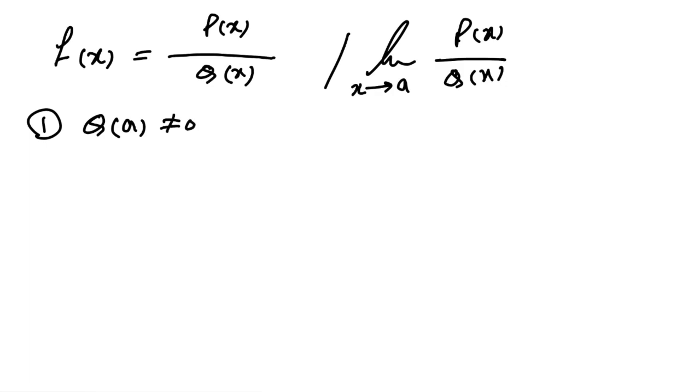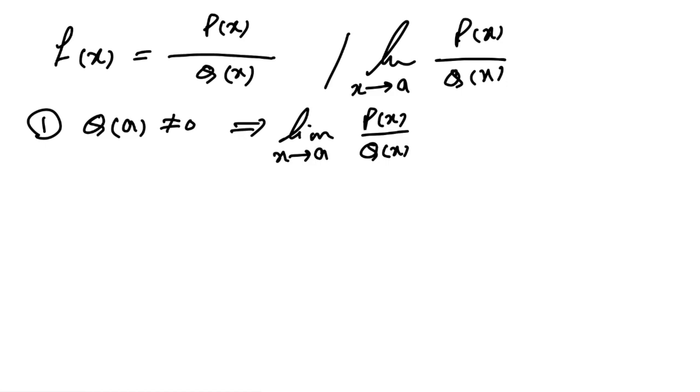So when the value of function q(x) at a is non-zero, that's the simplest case. So actually the limit of p(x) by q(x) when x approaches a, it doesn't matter what p(x) is. We don't look at function p.